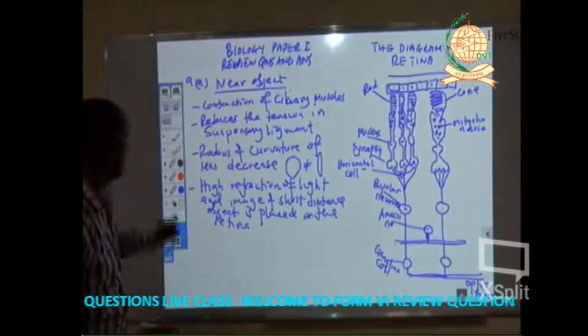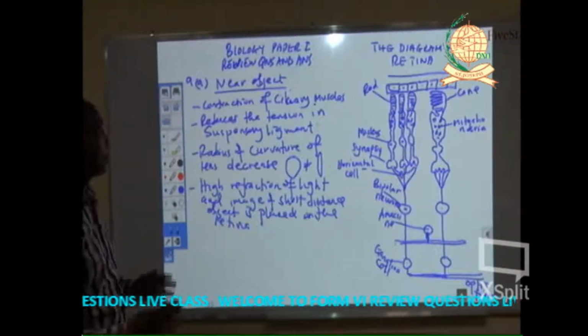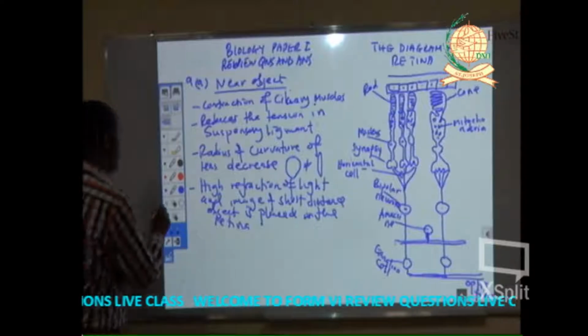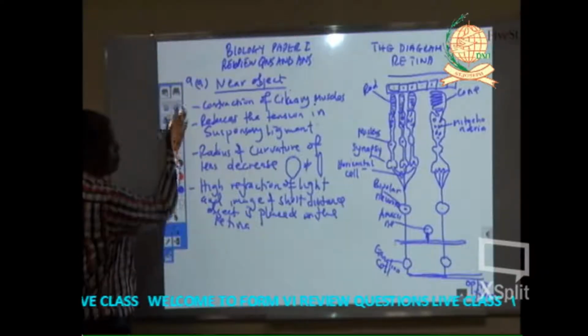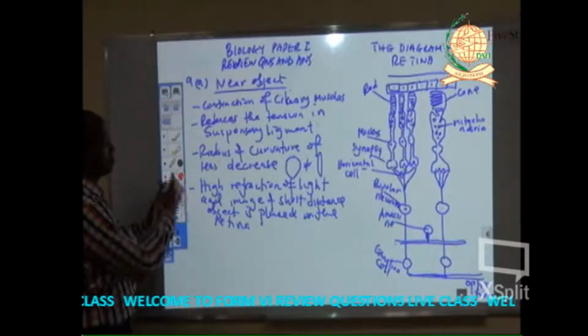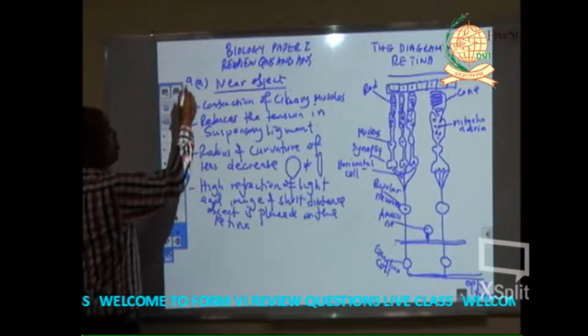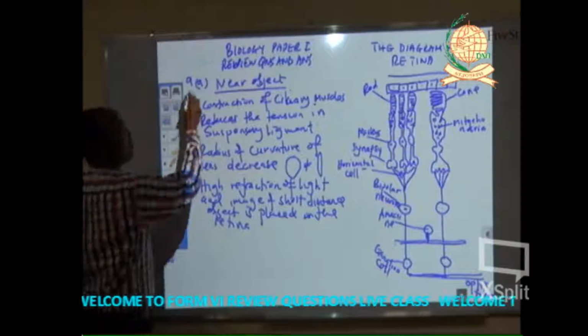So this is how the eyes accommodate the near object. It is 4 marks. Each part you can explain or you can put like this, so that one is 4 marks.